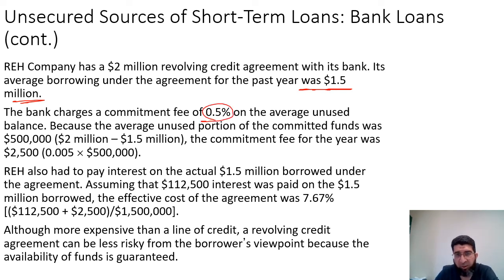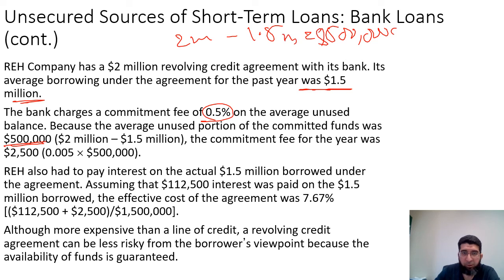The average unused portion of the committed funds was $500,000, which is basically $2 million minus $1.5 million. So the commitment fee for the year was $2,500, which is 0.5% of the $500,000.